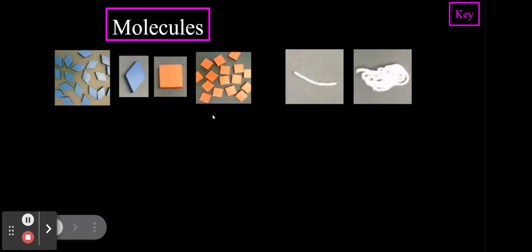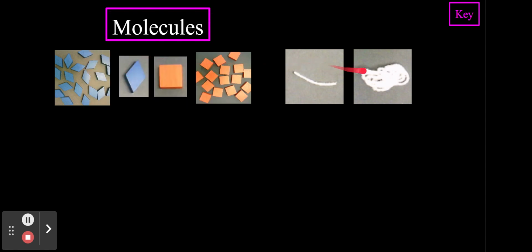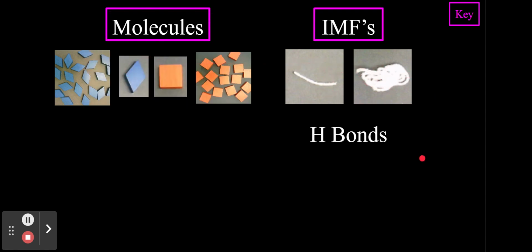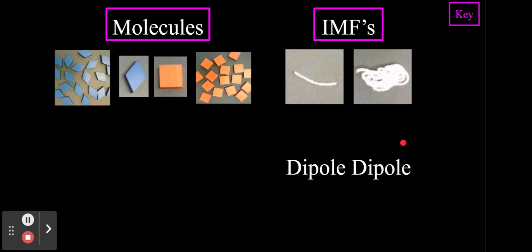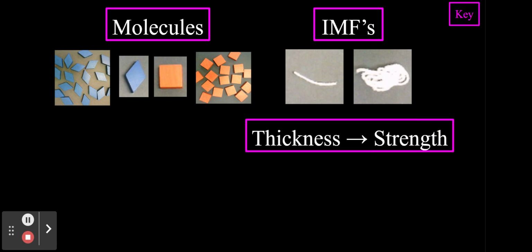And we're going to choose to represent the intermolecular forces with this string here. This string can represent hydrogen bonds, or dipole, or LDFs, any of the intermolecular forces. And the thicker the string, the stronger the IMF is.